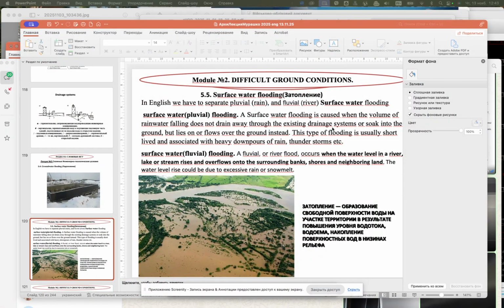One more time, there is pluvial, which is caused by rainfalls, and fluvial, where the level of the water in a lake or a river goes beyond the existing surrounding banks.